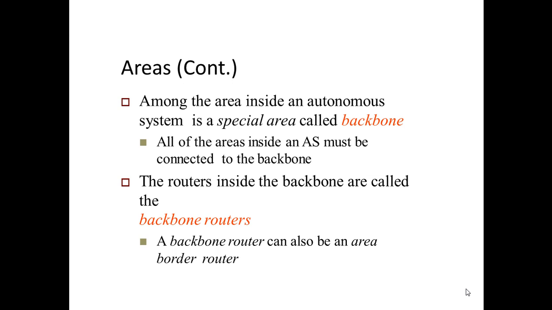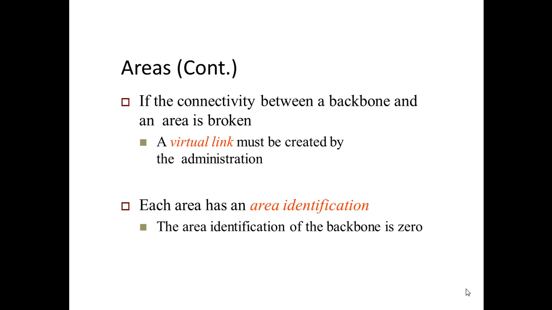If the connectivity between the backbone and an area is broken, a virtual link must be created by the administrator. It is the administrator's responsibility to create a virtual link if the backbone is not reachable, or if any other device has broken the link towards the backbone.